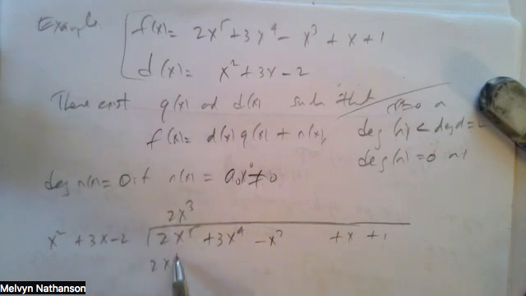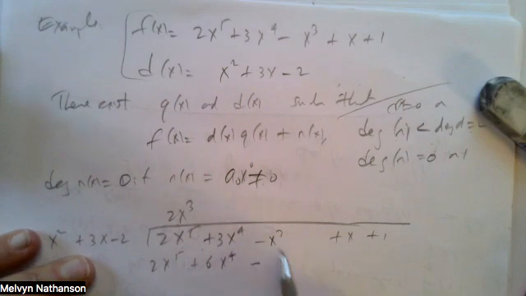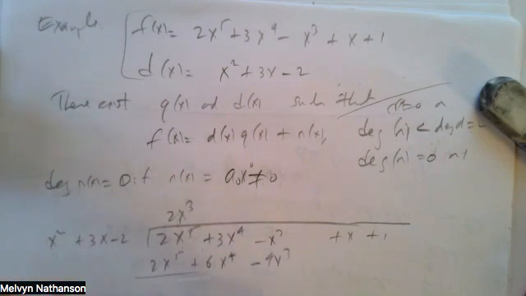This is 2x to the fifth plus 6x to the fourth minus 4x cubed. When I subtract, this cancels, I get minus 3x to the fourth plus 3x cubed plus x plus 1.